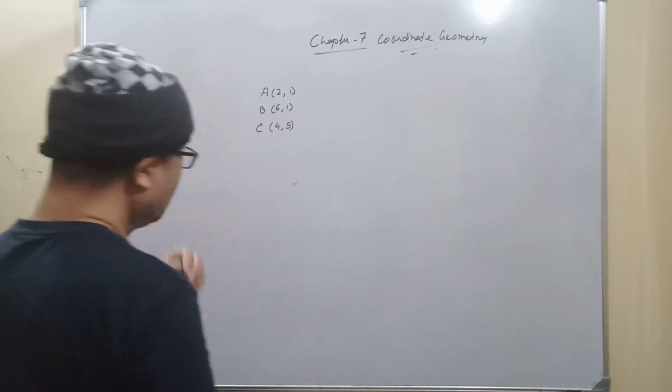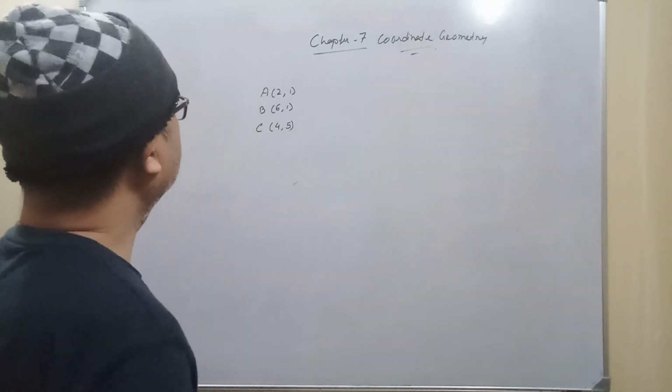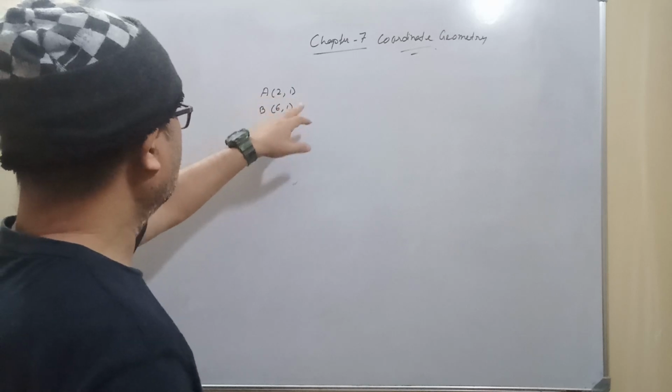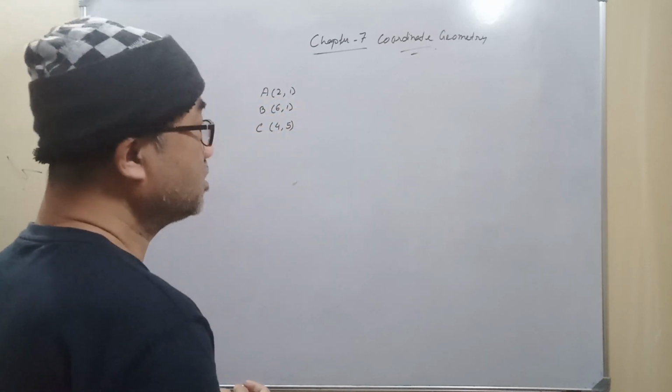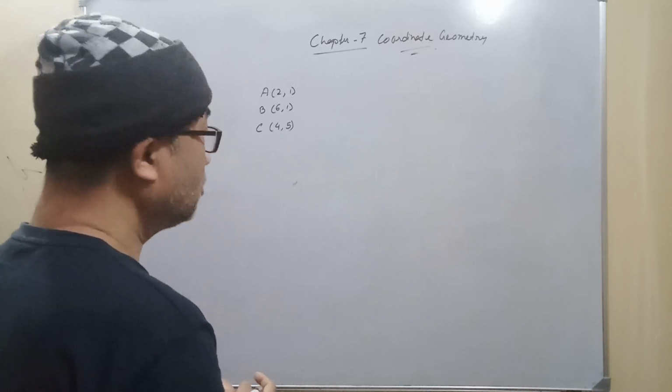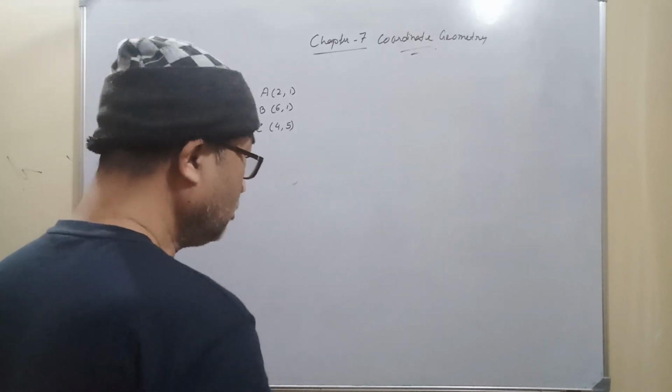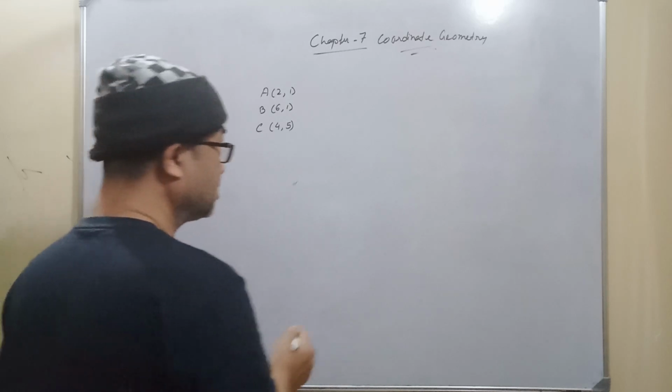So we have 3 points A, B, C, coordinates are given. 2, 1 for A, 6, 1 for B, 4, 5 for C. So we have 3 points and we have to prove that they form an isosceles triangle.